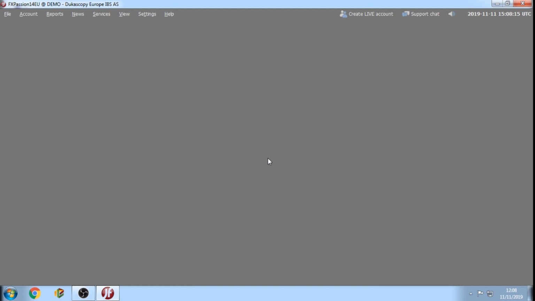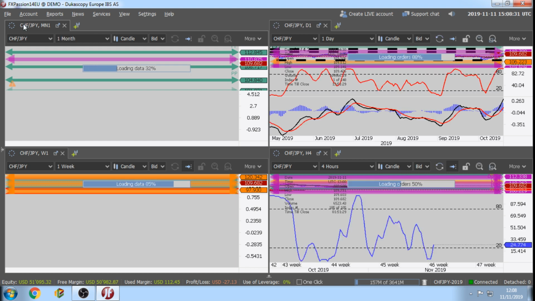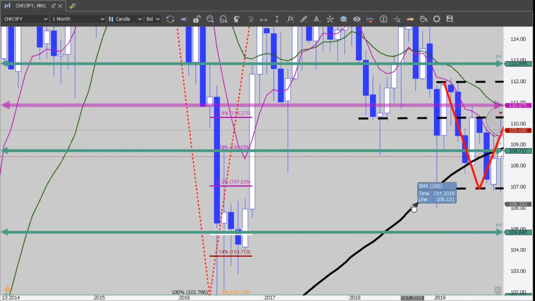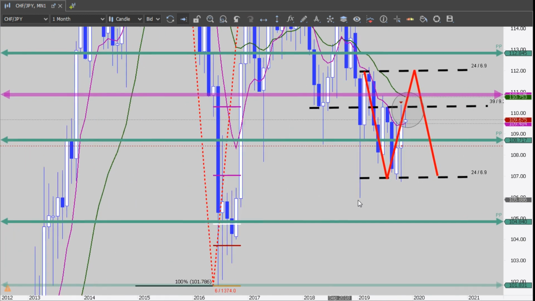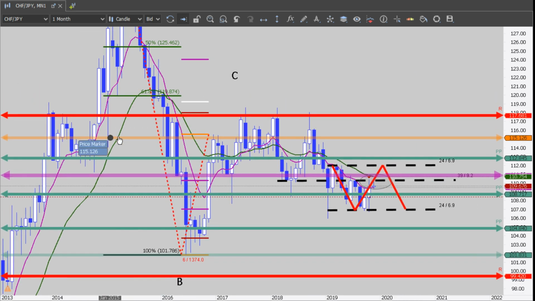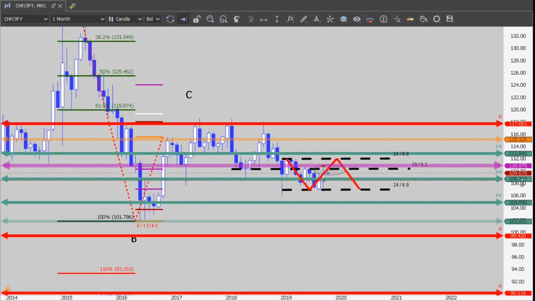Let's wait for the software to respond. There you go. A few seconds. Okay, we are going to delete the indicators. Okay, so now we're going to delete the moving averages, but this is a nice chart right here.